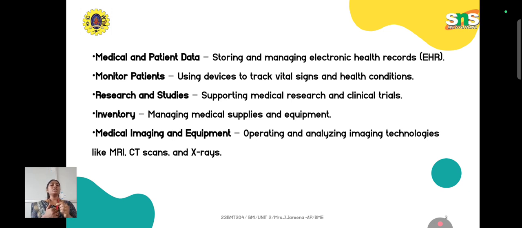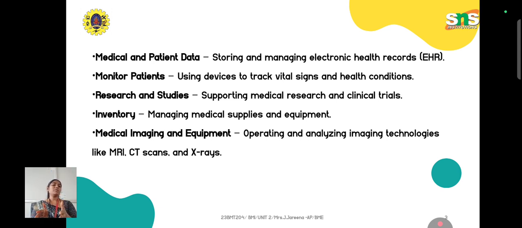And the fourth thing is inventory, that is, managing medical supplies and equipment. This is also a very important thing to consider here, because managing medical supplies and equipment is equally important as managing the patient, because without this we can't manage the patient.